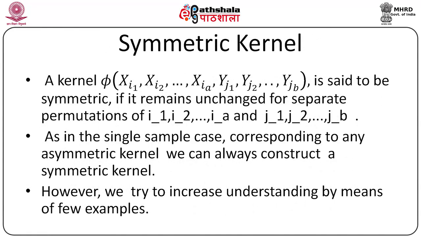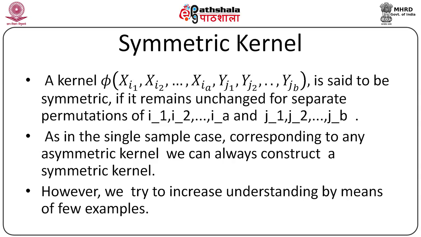Now, what is a symmetric kernel? In single sample situation, permutation invariance of phi indicates symmetry of phi. But now we have arguments from both the populations. So, consider a kernel phi with arguments x_i1, x_i2 up to x_ia from the first population and y_j1, y_j2, up to y_jb from the second population.